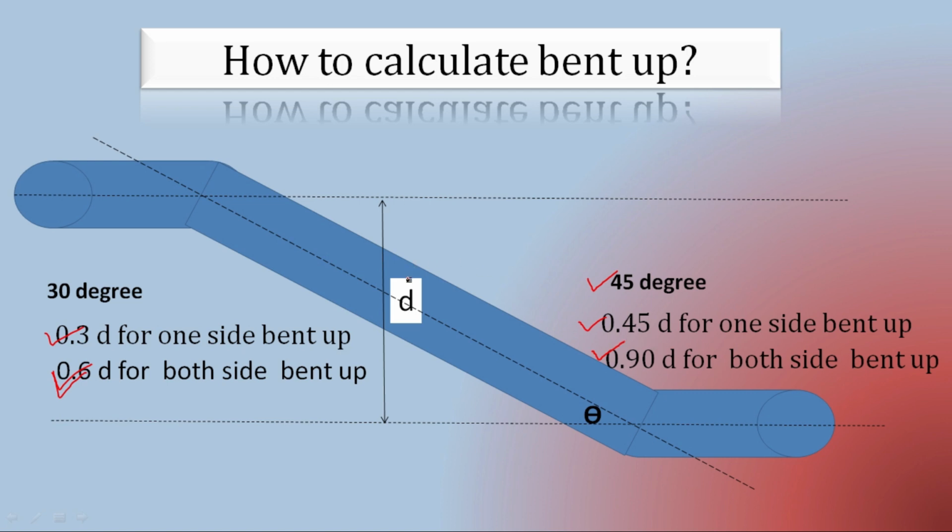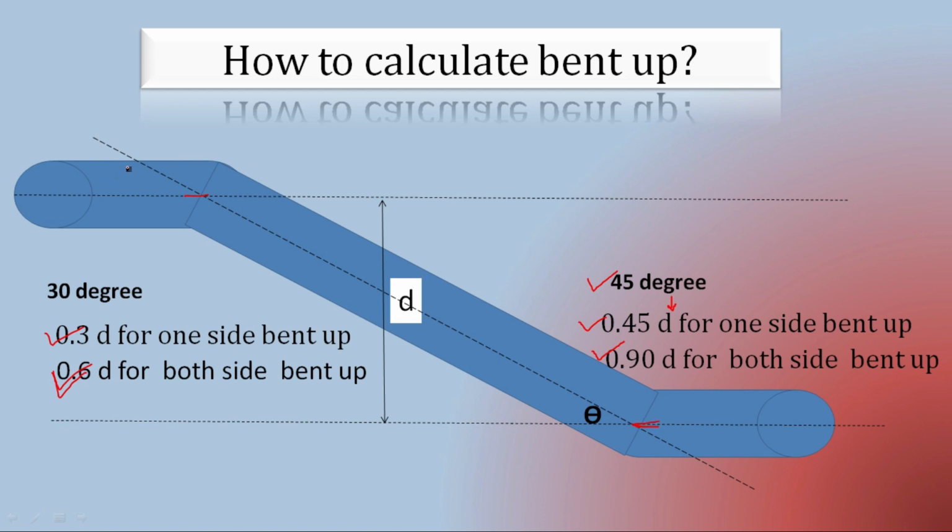Now most of the students get confused between this D and diameter of bar. As you can see in this figure, the D that we are using over here is not the diameter of bar, it is the center to center distance for a bar which is bent up.